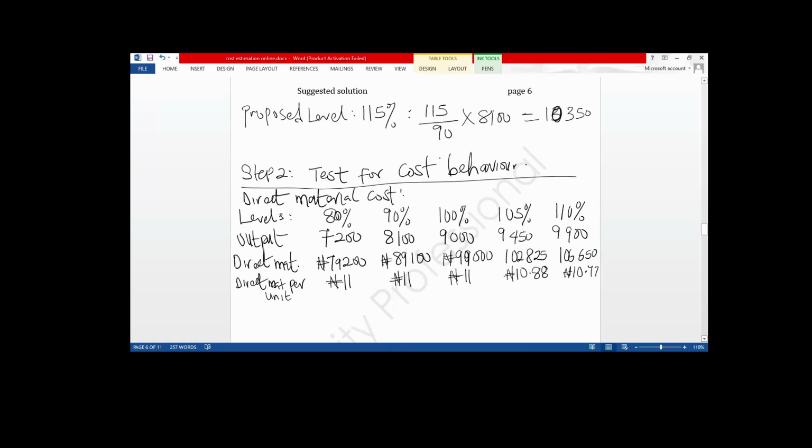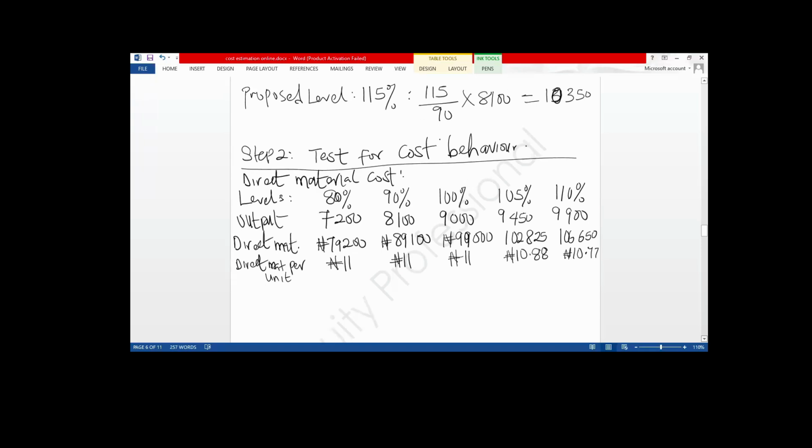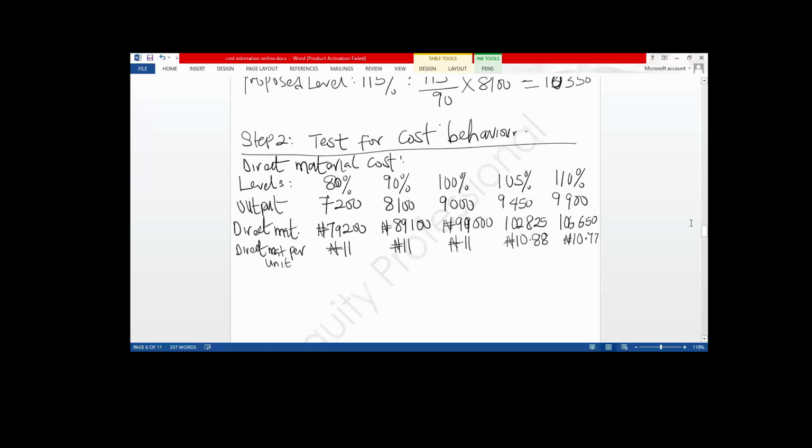If you have to comment on this, let me try and summarize the comment, because that comment is important to this calculation.